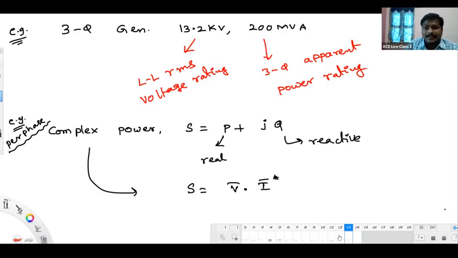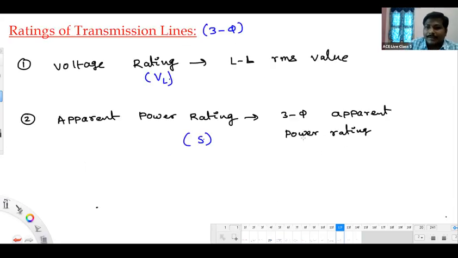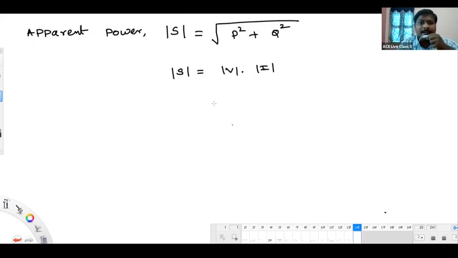Next, listen, please. Particularly if you think about the three-phase apparent power S, I'm writing the formula. This is a notation problem, I feel. Sometimes we call apparent power modulus of S, sometimes simply S also. There is no issue with that. S is a letter we sometimes use for apparent power, sometimes for complex power, along with the name.